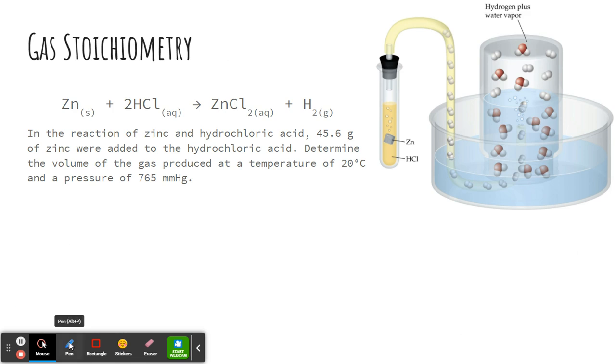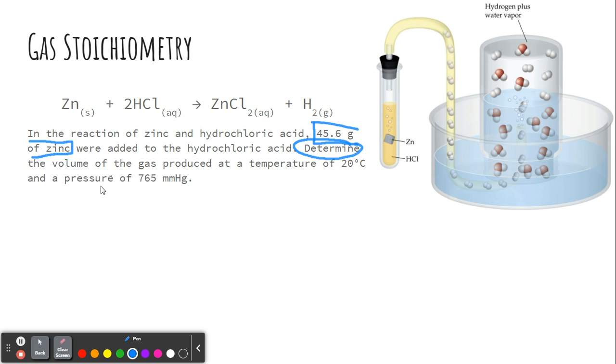So now let's take a look at our problem. It says in the reaction, we started with 45.6 grams of zinc. I added that to the hydrochloric acid, but this time I want to determine the volume of the gas produced at a temperature of 20 degrees Celsius, that's my T, and a pressure of 765 millimeters of mercury.